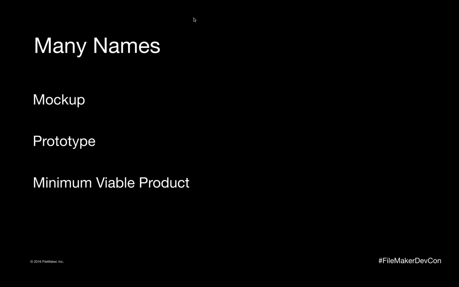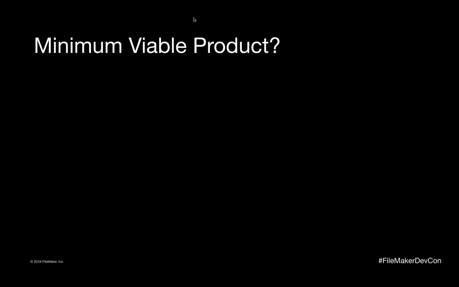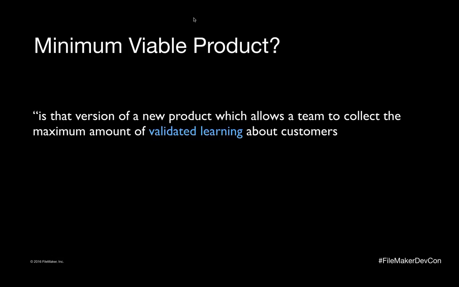The problem with this one in particular is that a minimum viable product has a particular purpose, right? This is a definition from the person who's almost considered the father of the concept of minimum viable product, how he's defined it. He's defined it as that version of a new product which allows a team to collect the maximum amount of validated learning about customers with the least effort.